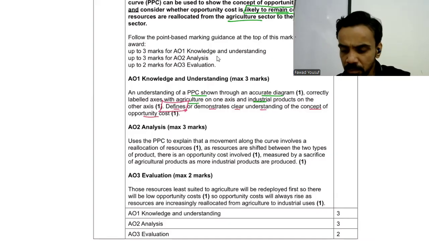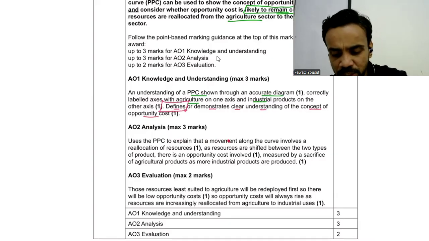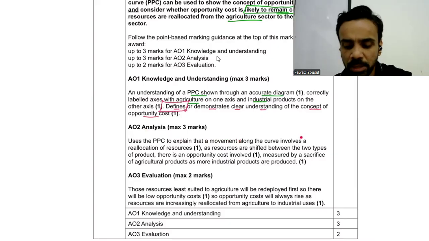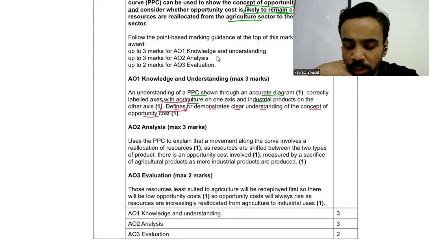Okay. After that, in analysis, it says uses the PPC to explain the movement, which is your whole write-up explaining the diagram, saying that from point A to point B, there is a movement towards the industrial good, and for that you will have to sacrifice the agriculture good.